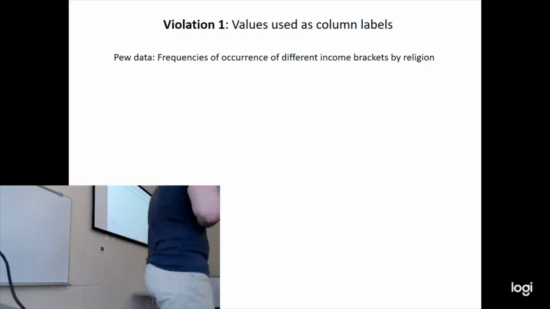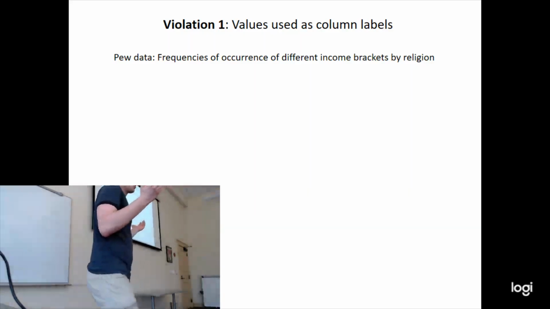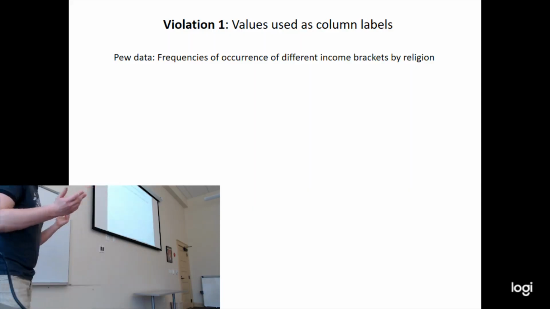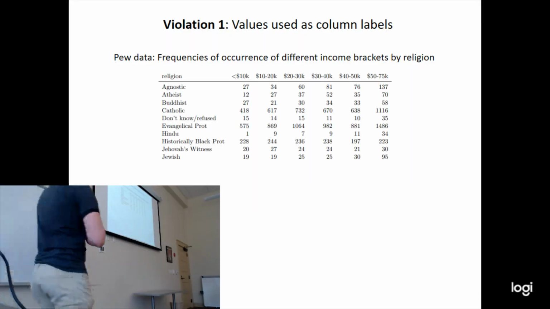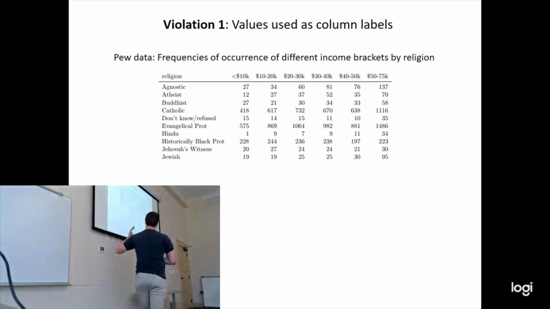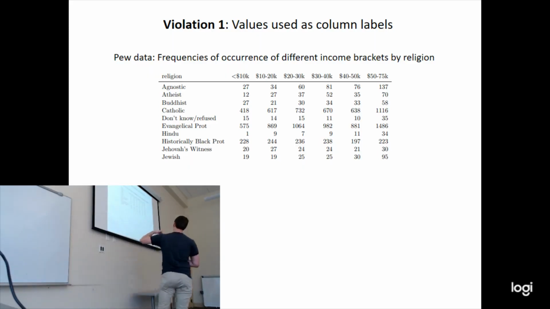But this is literally Pew data that was reported in the report. So this is a bunch of different religions, and this is the count of people from the survey that fall into different income brackets. This is only part of the table, but it is a pretty compact way of reporting this information.